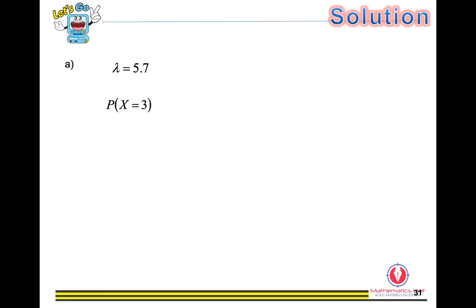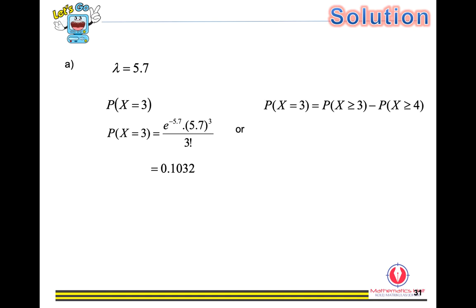So P(x = 3) will equal, according to the formula, e to the power of negative 5.7 multiplied with 5.7 to the power of 3 over 3 factorial. That will give us 0.1032. Or we can write it as P(x ≥ 3) minus P(x ≥ 4). By looking at the table, we know that the answer is 0.1032.